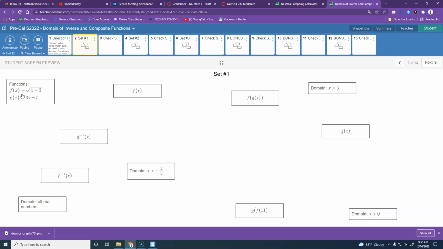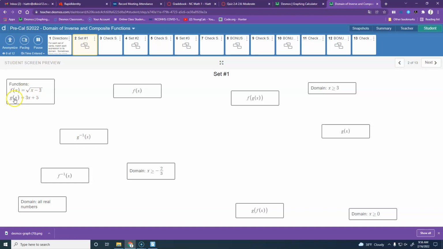So tonight I want you to match f of x, g of x, f inverse, and g inverse to their domains. So you do not need to do the f of g of x or the g of f of x because we haven't done those yet and you don't know what to do with them, right? So match f, g, f inverse, and g inverse to their domain.